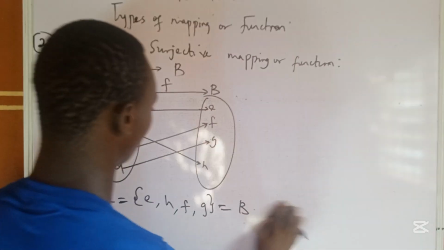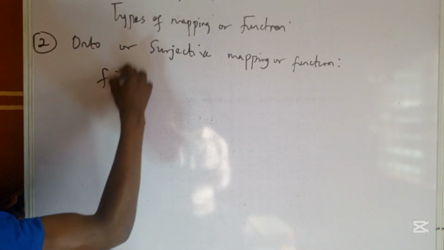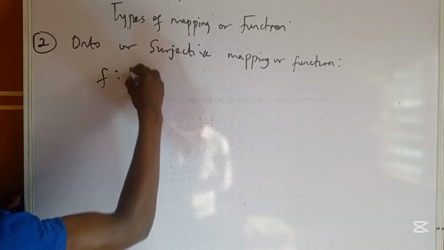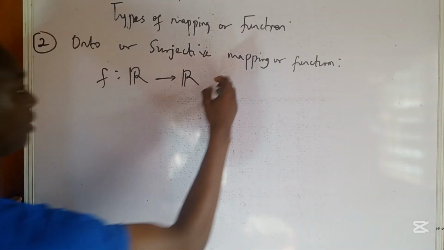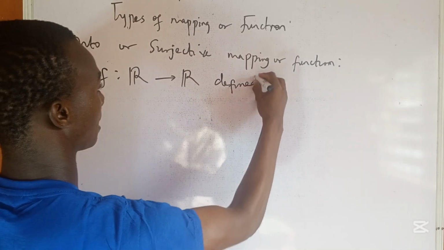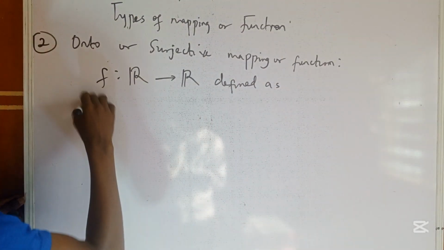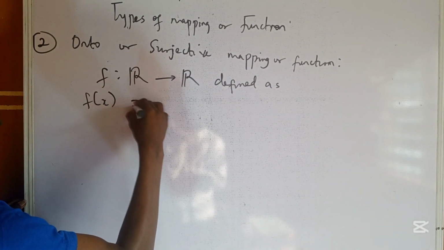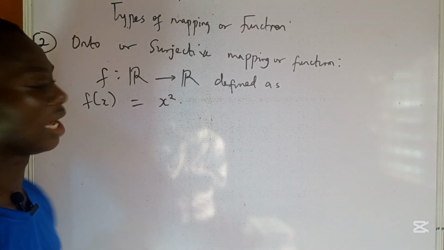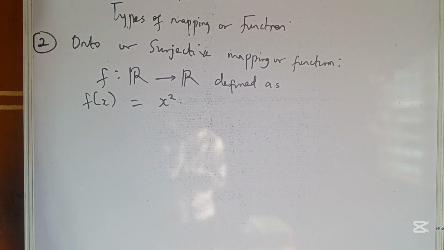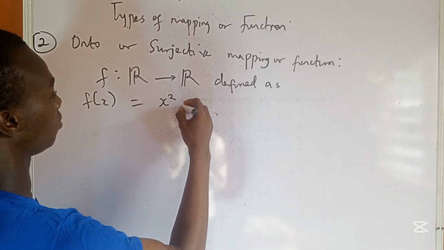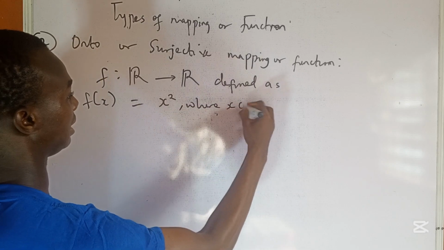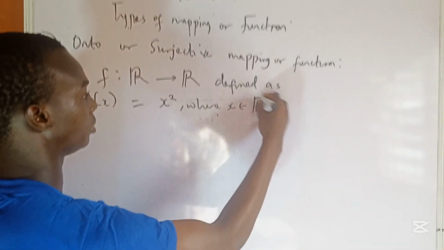Let's take another example. Let's have a function or a map from real numbers to real numbers defined as f of x equals x squared, where x is an element of the real numbers.